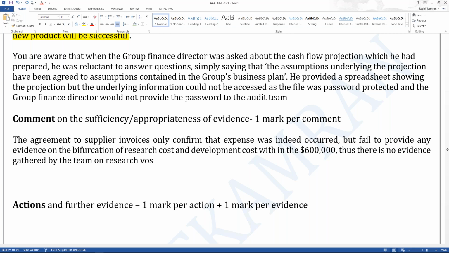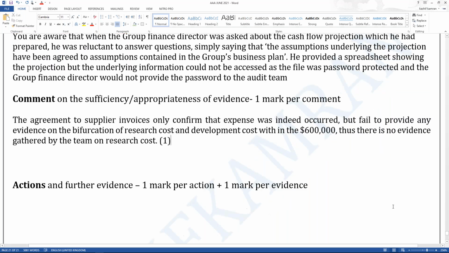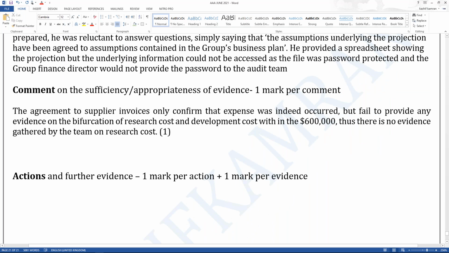And I close my answer and I write 1 mark. Now, I need to recommend further evidence. So my further evidence would be what? My further evidence would be a breakup of the development cost of $600,000. You never write the word copy with the breakup, right?